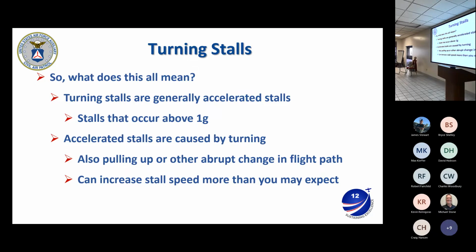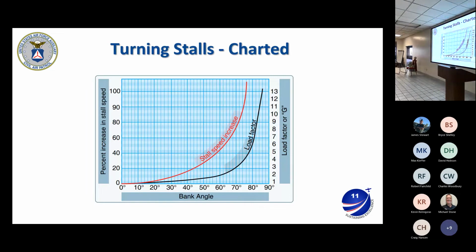In fact, you can go back to that chart here. You can see where 1 G is pretty low. You have to get above pretty much 20 or 30 degrees angle of bank to get above 1 G. So for a turning stall, you can see that even the percent increase in stall speed is very low in that regime. And it doesn't necessarily need to be in a turn.